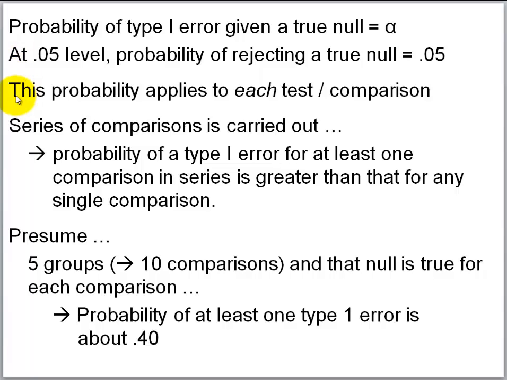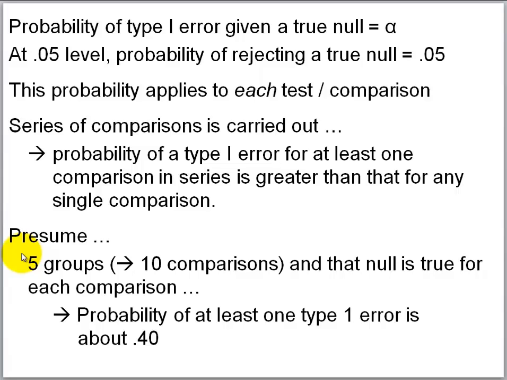Now, the probability of type 1 error applies to each individual test or comparison. So, if you are carrying out a series of comparisons, the probability of a type 1 error for at least one comparison in the series is greater than that for any single comparison.